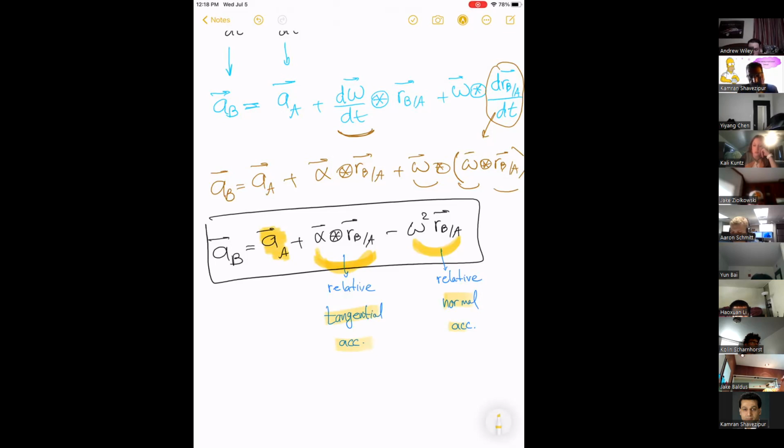Any question? And this is vector analysis. That means you have to find alpha, omega, R, all of them as vectors, add them together. They have I, J and K components. Do the cross product and simplify and solve the problem, right?